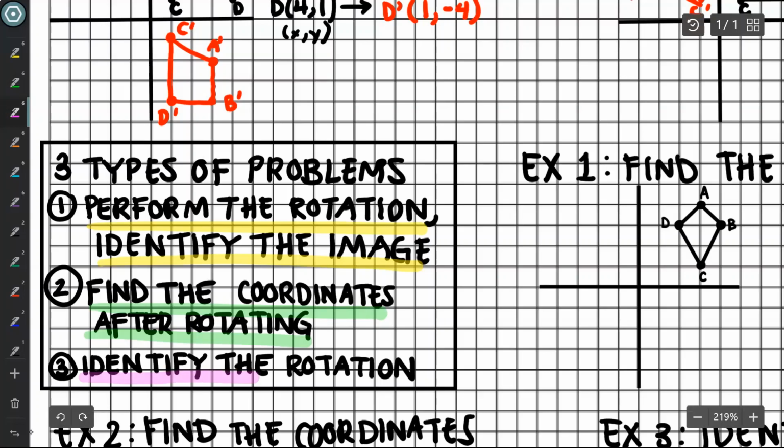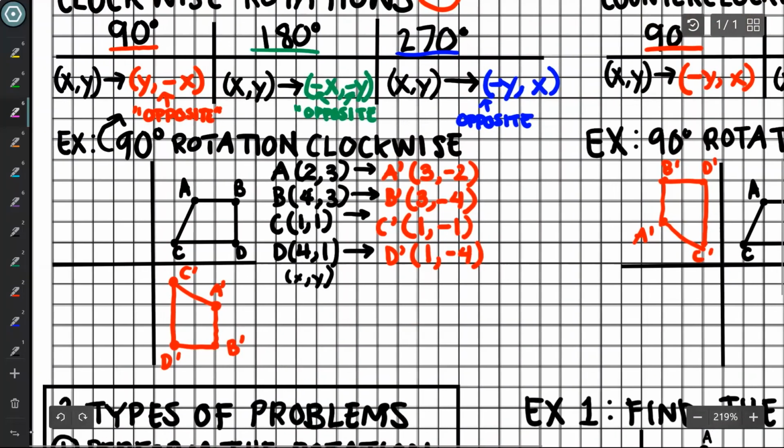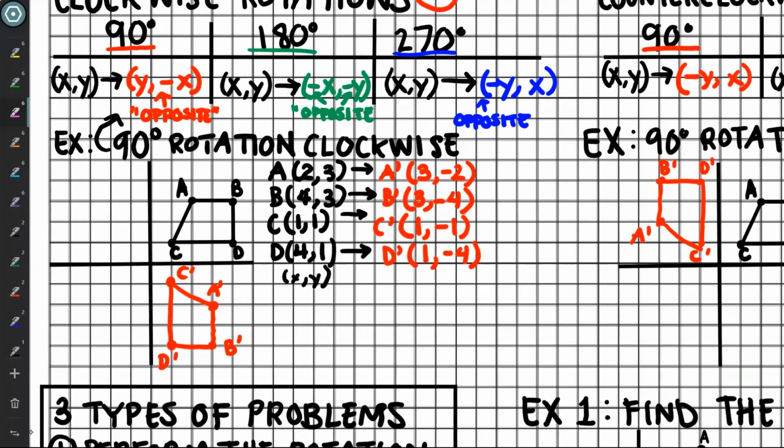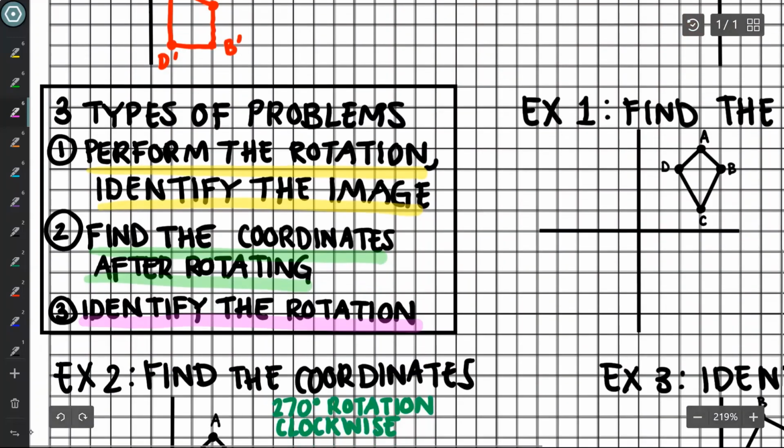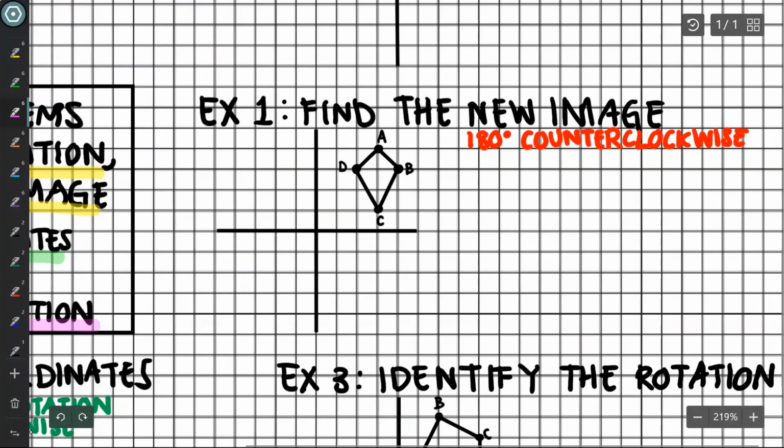And the last one is identify the rotation. This is tricky if you have open-ended, because as we saw, we have the same rules for rotations that are technically different. But for your exit ticket, you have multiple choice, so just pick the one that is correct.